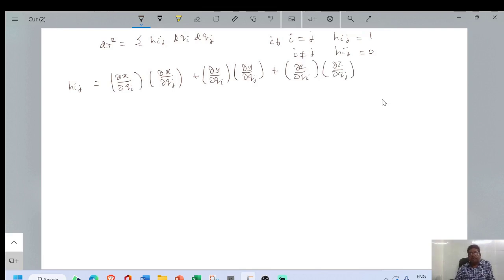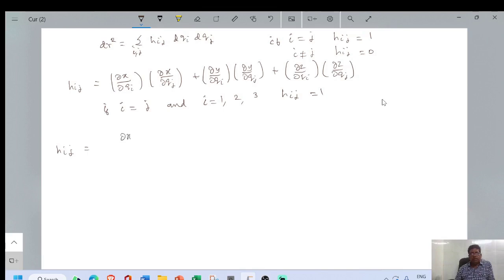If I give this condition, dr square is equal to summation over i, j of hij dqi dqj, the value of hij should be this much. If i equal to j and i equal to 1, 2 and 3, hij equal to 1. Now apply this condition. First take i equal to j equal to 1.